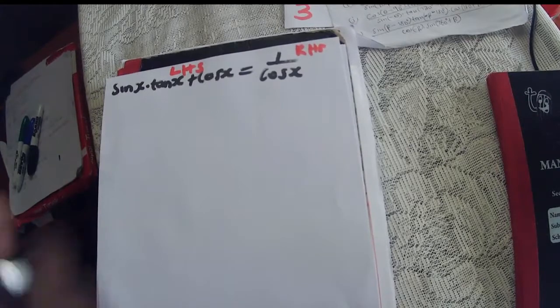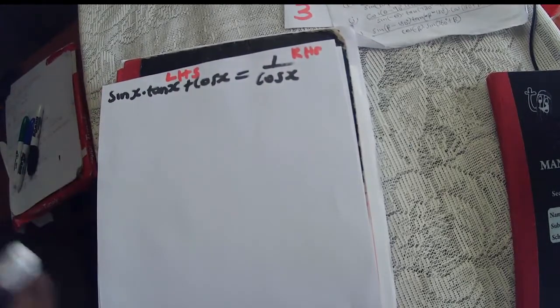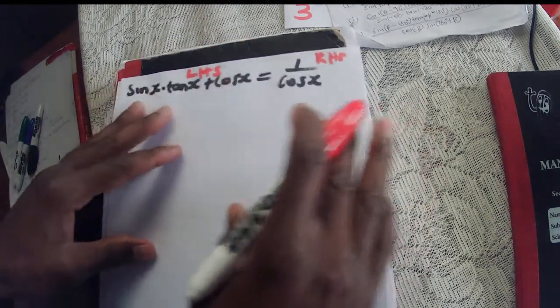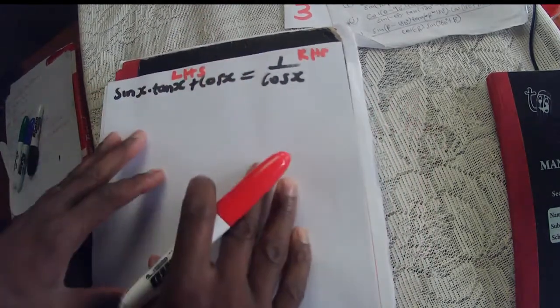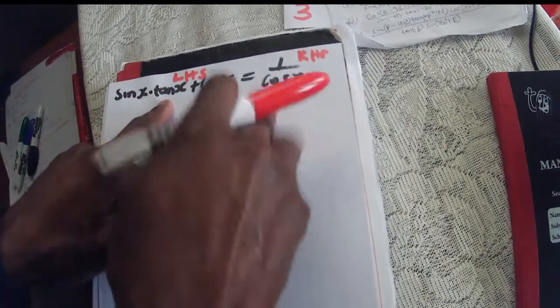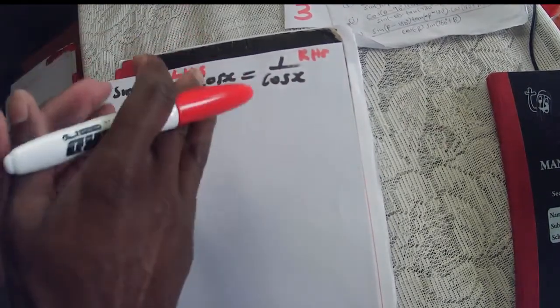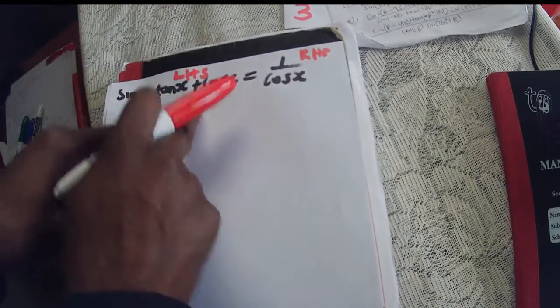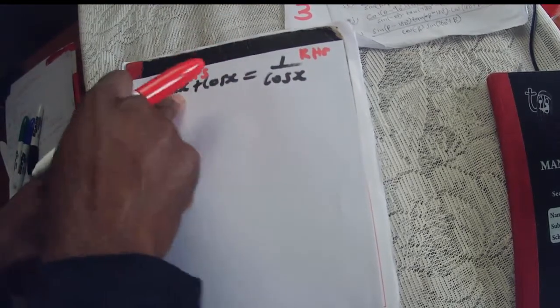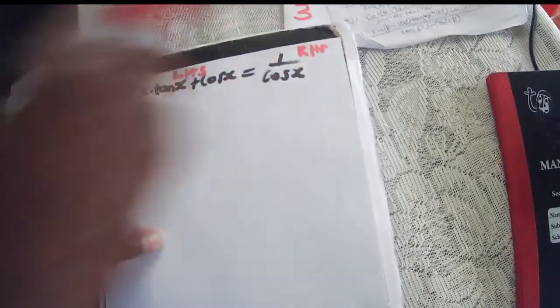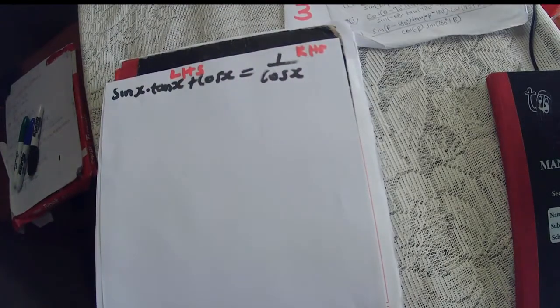All right, so how do we work out this problem? So we are going to work out this problem in this way. Guys, look at the most complicated side between the left and the right. So if you look at this, we can see that the left hand side is more complicated compared to the right hand side. Okay, great.